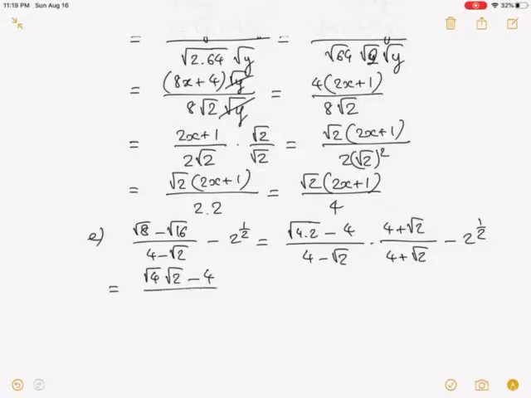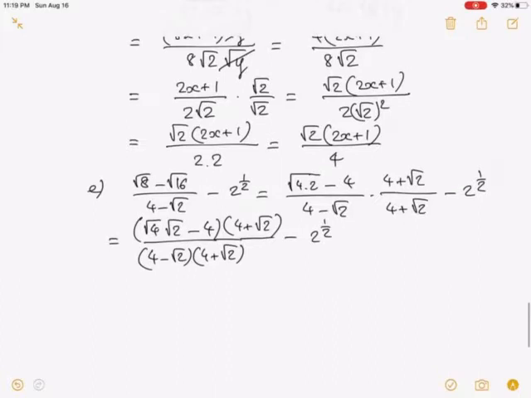So this square root of 4 square root of 2 minus 4 over 4 minus square root of 2 times 4 plus square root of 2, 4 plus square root of 2 minus 2 to the power of a half.